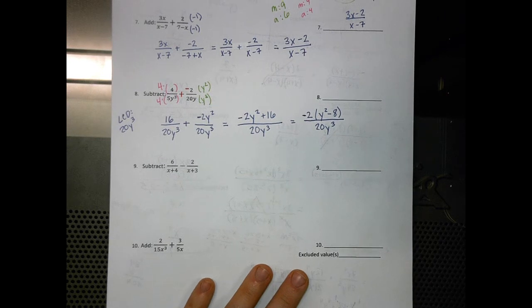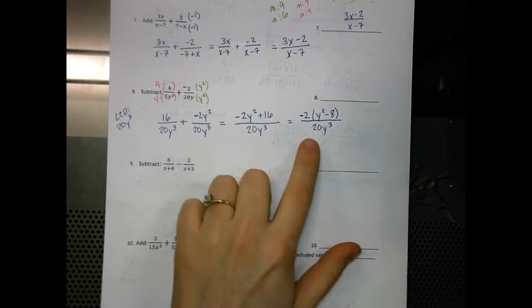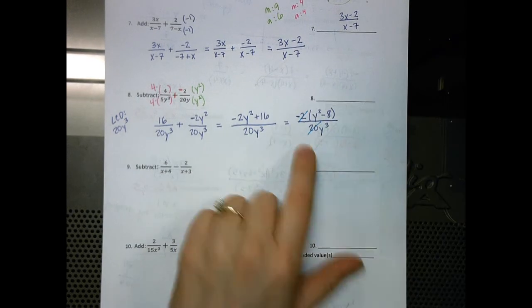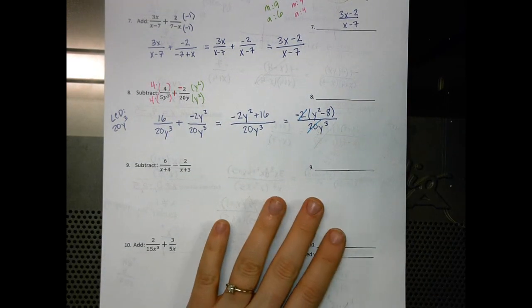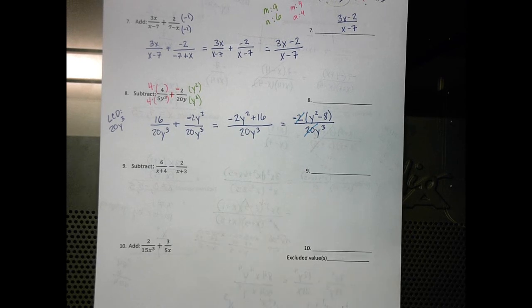If you would like to break up the denominator to show the two different factors it breaks up to, that's fine. Otherwise, you can just tell me if I divide the numerator and denominator by the same number, what am I going to divide by? -2 or positive 2, either way.